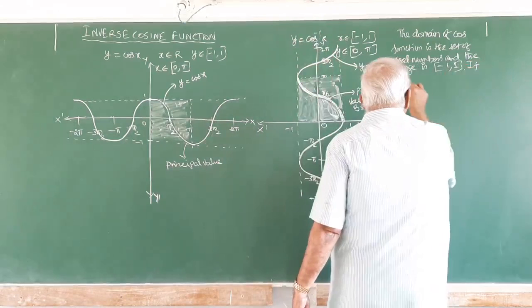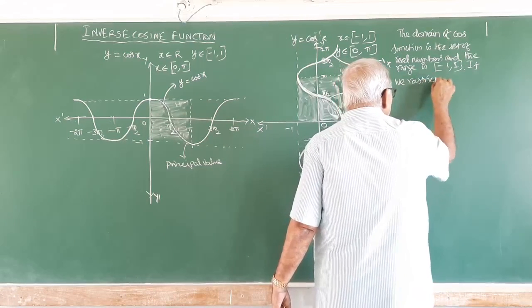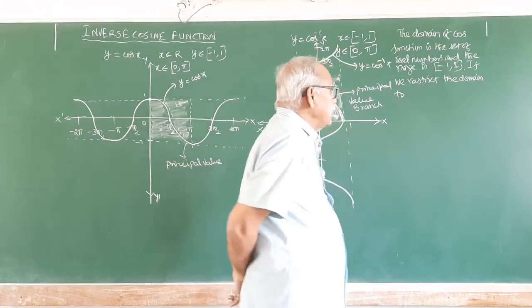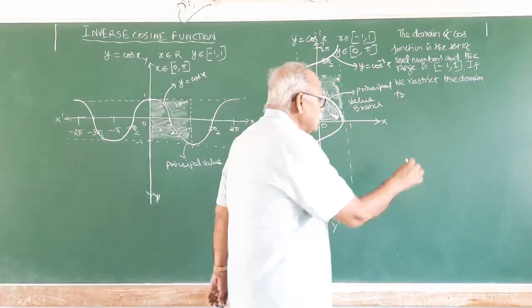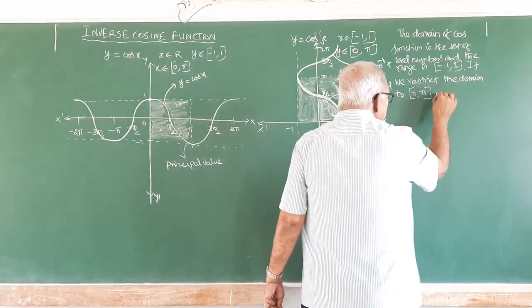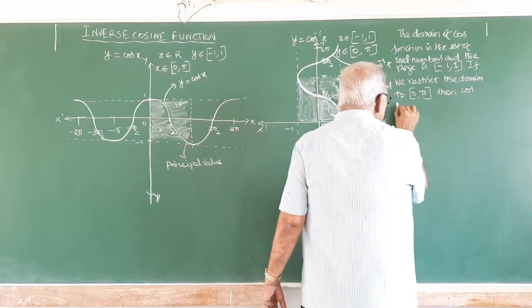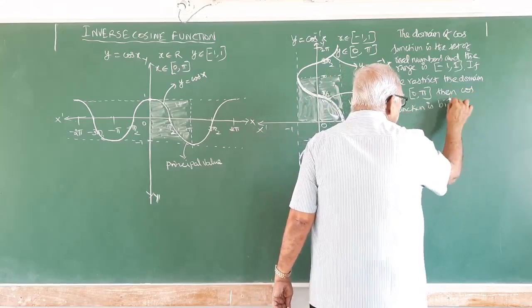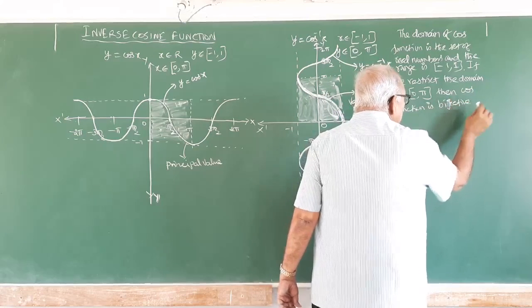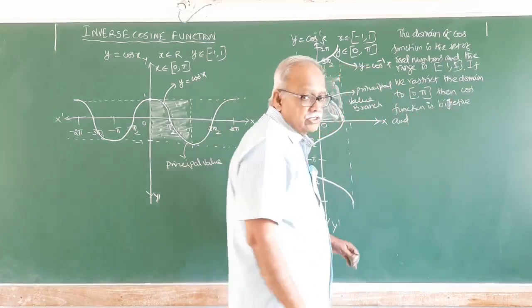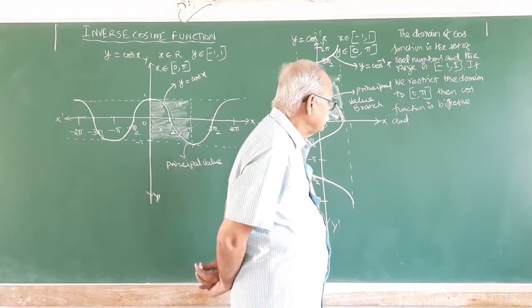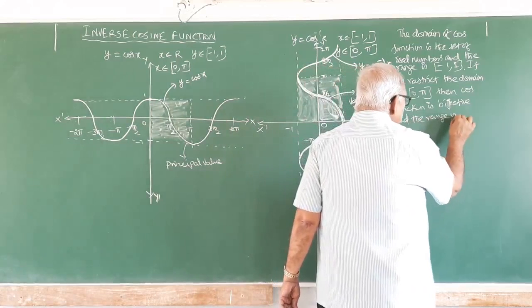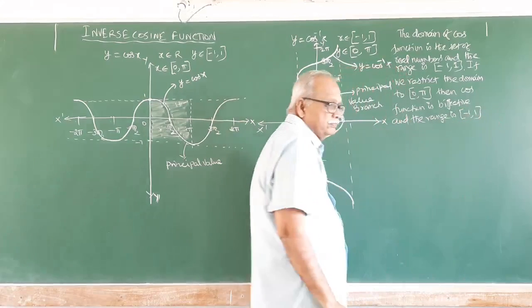If we restrict the domain to the closed interval 0 comma pi, then the cos function is bijective, and the range is minus 1 comma 1.